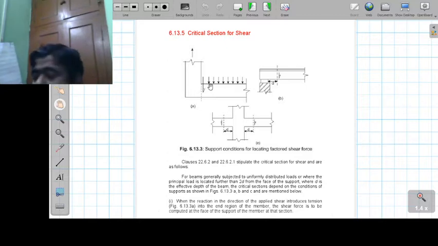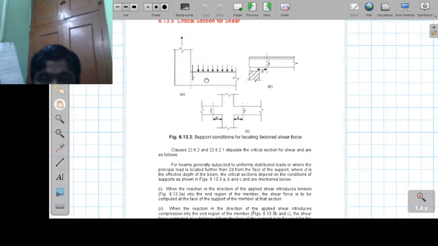I am repeating once again: when the reaction in the direction of the applied shear introduces tension into the end region of the member, so when it creates tension in this area, basically the upward pressure it is talking about, then the shear force is to be computed at the face of the support. Okay, so this is what is shown here.